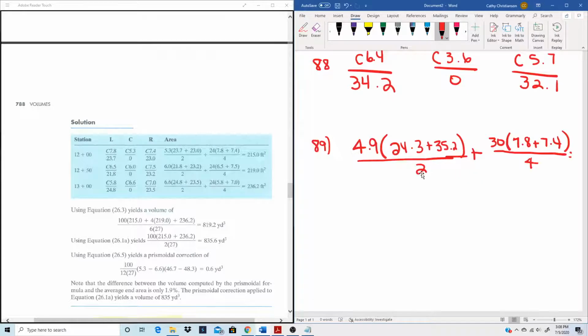Not so much maybe on homework, you can check it, but on a test I would. So I'm going to go ahead and write what I got above this one. 145,775 above the top. And then I'll add the two together.